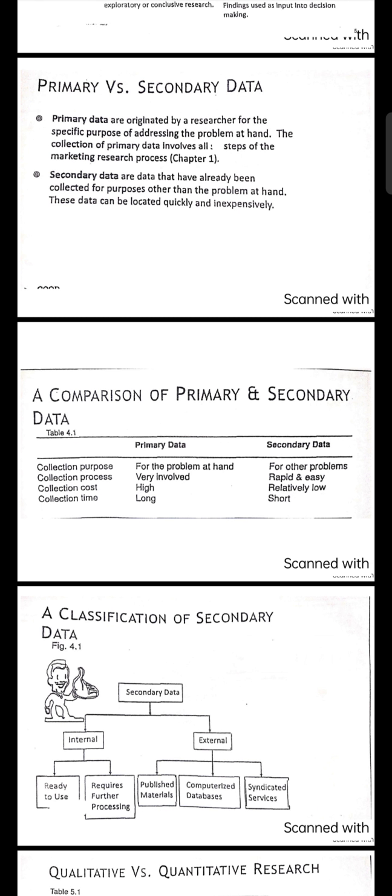For the definition, secondary data are data that have already been collected for purposes other than the problem at hand. This data can be located quickly and inexpensively. Why are they not expensive? Because they were already available in the past. They are second-hand data, already available as a reference in the marketplace.